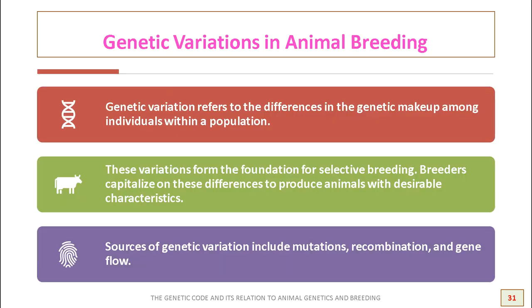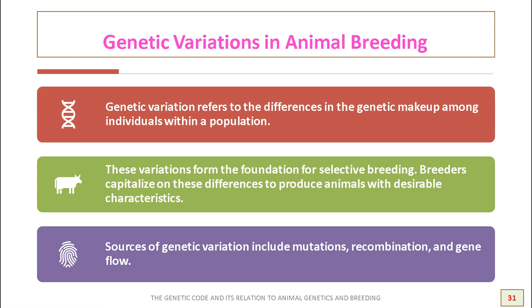Then genetic variation in animal breeding is another thing. Variation refers to the differences in genetic makeup among the individuals within a population. These variations form the foundation for selective breeding.